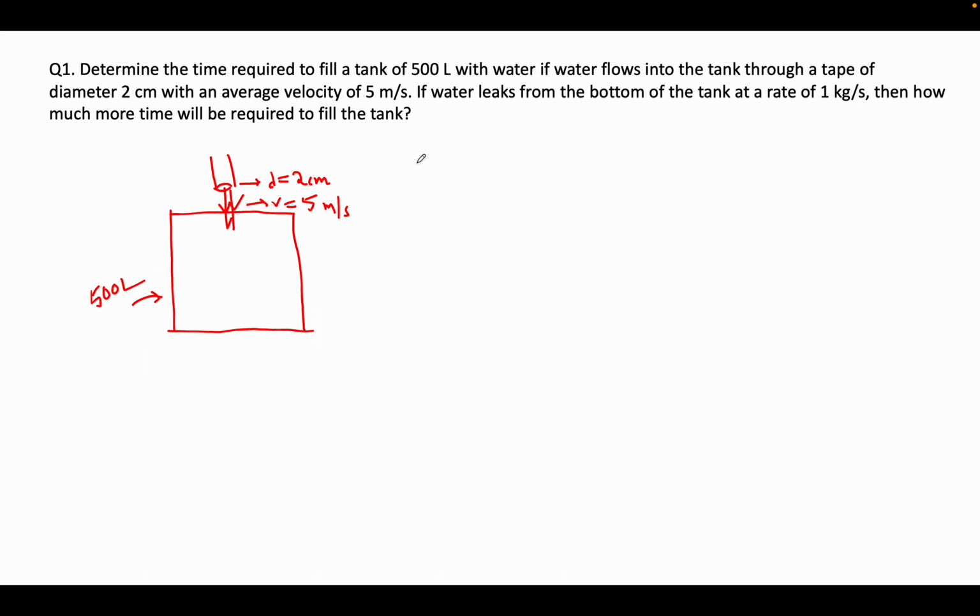Now we have to calculate the time required to fill this tank. So the given volume of my container is 500 liters, and since it's standard, we can express this in meter cube by multiplying this. So this is my volume, and what is given, the diameter.